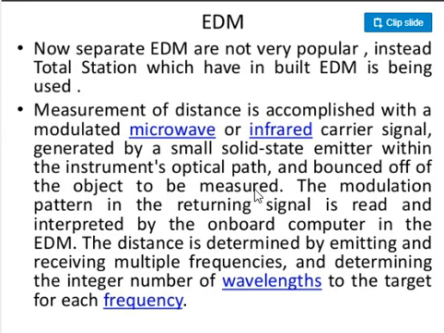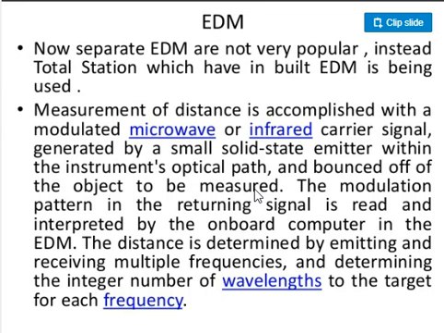If you want to calculate the distance from point A to B, we set up our EDM machine at A, and at B we have a receiver. The source projects the modulated electromagnetic wave, and the receiver receives the signal and calculates the duration of that wave.